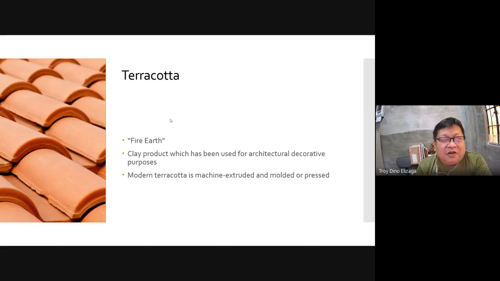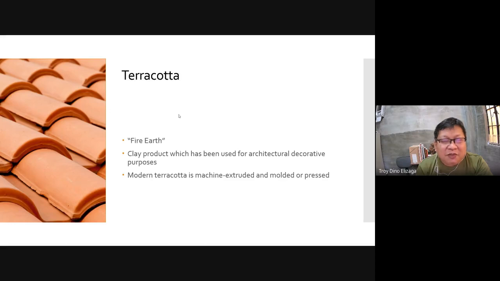Terracotta, we'll just mention this here, because when we talk about brickwork, we're not going to talk about the materials used for the roof. So terracotta is very popular when it comes to roofing material, and basically it's just clay also, but I think in another country they call it terracotta, and it sounds nice.